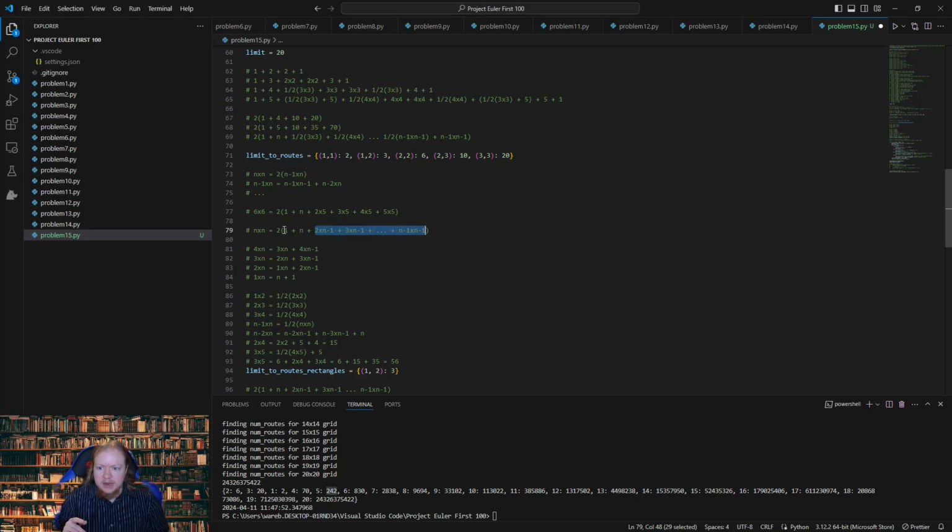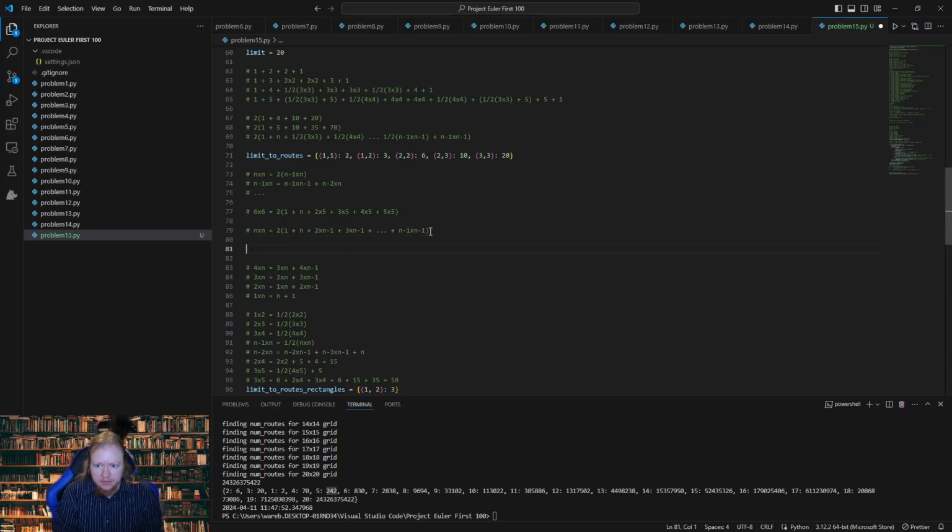So it's going to have the same number of terms as the one prior. So, like, if we kind of think about how we would go about finding all of these terms, right?